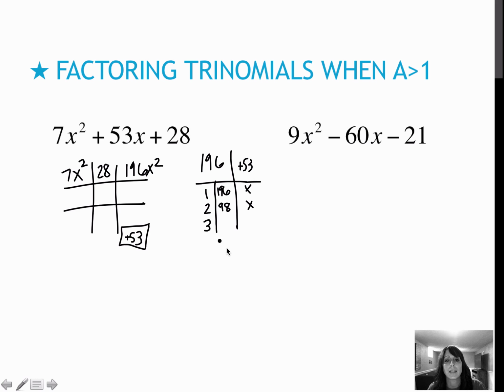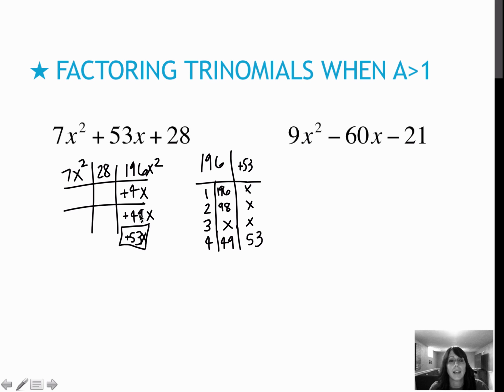If I take 196 divided by 3, I get a decimal, so we know that's not going to work. If I take 196 divided by 4, it tells me 49, and those actually do add to 53. So it's going to be positive 4x and positive 49x to add to 53x and multiply to 196x squared.